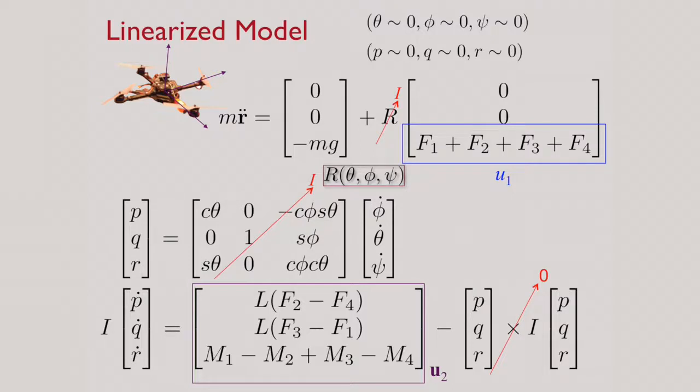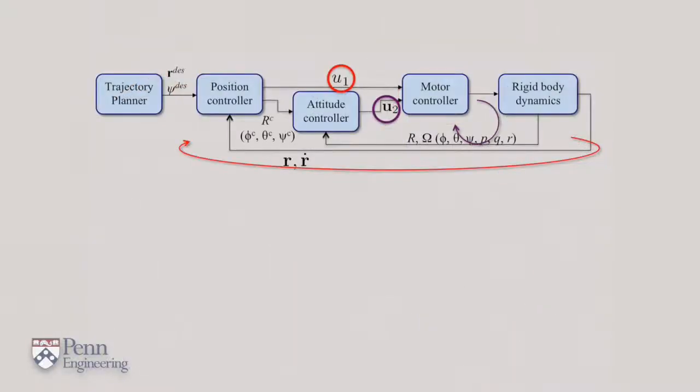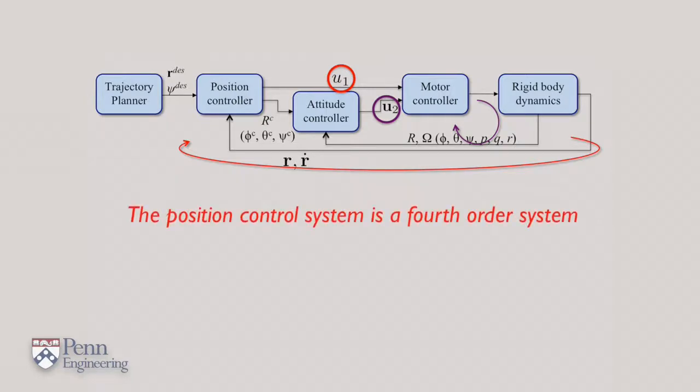You should be able to go through these equations and convince yourself that the second derivative of position is proportional to u1, and the fourth derivative of position is proportional to u2. In summary, the position control loop involves attitude control, and because of that, the position control system leads to a fourth-order system.